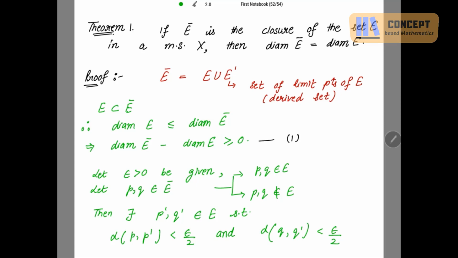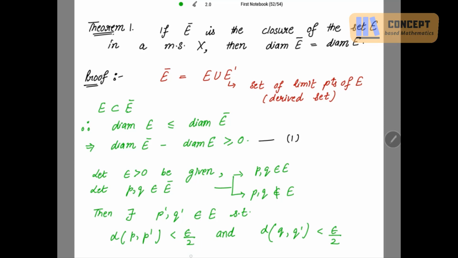See, P, Q are the points of E bar and P dash, Q dash are the points of E. The distance of one point from E bar and one point from E, that is the distance between these 2 points, I can take to be less than epsilon by 2.